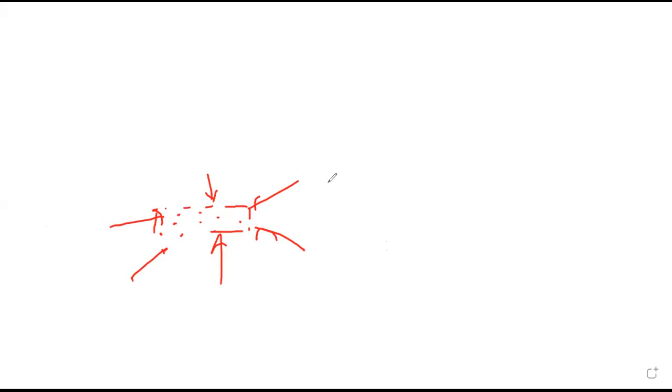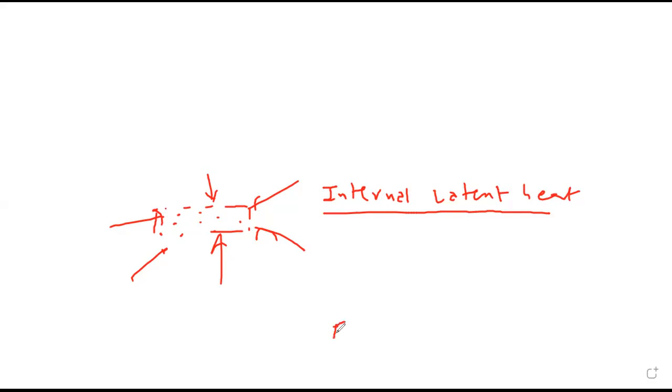So there are two types of latent heat. One is called internal latent heat, which we cannot see. Other is external latent heat, which we can measure. So whenever it is latent heat, I will first find external latent heat, then subtract it from total latent heat.